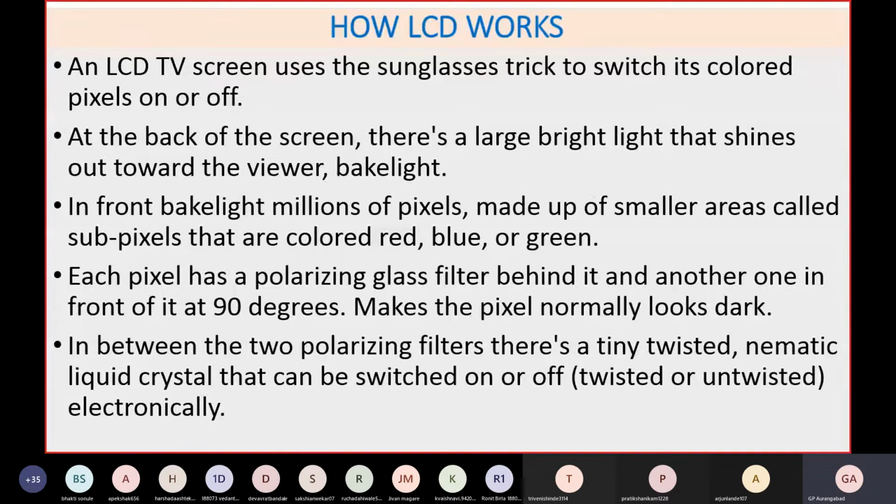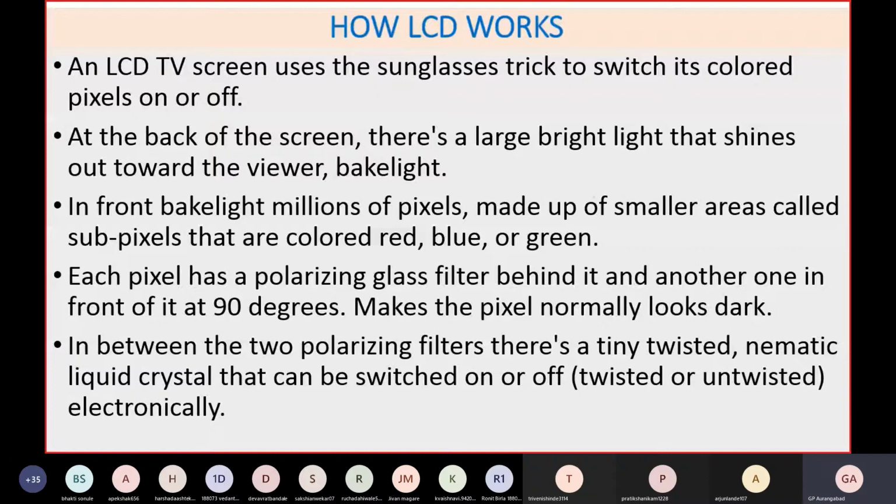In front of the backlight, there are millions of pixels made of small areas called subpixels. Each subpixel is colored red, blue, or green. For each pixel, there is a polarizing glass filter behind it as well as in front of it, and both polarizing filters are placed exactly at 90 degrees, which makes the pixel normally look dark.